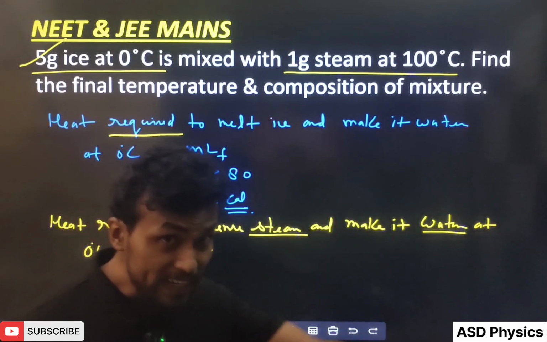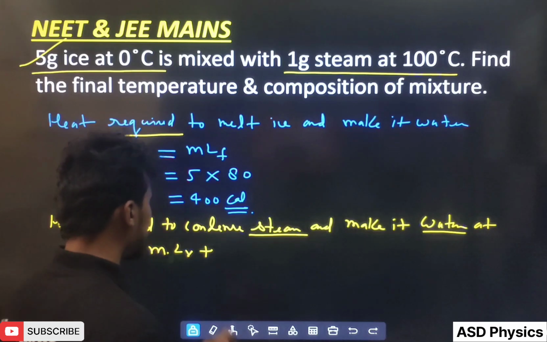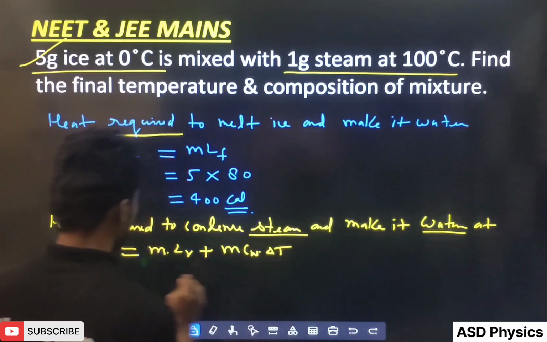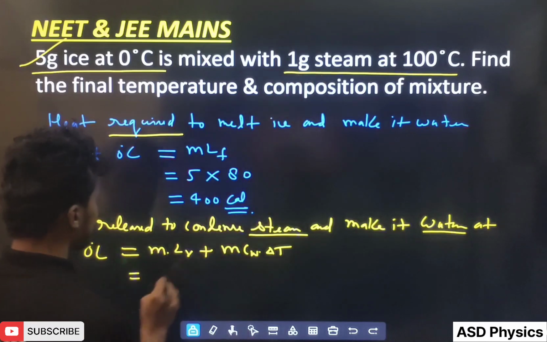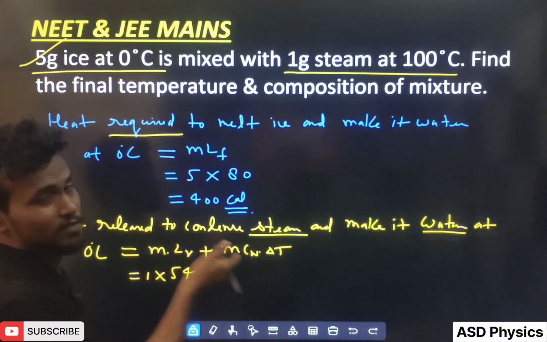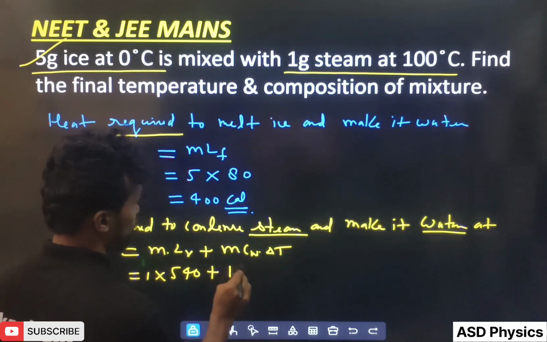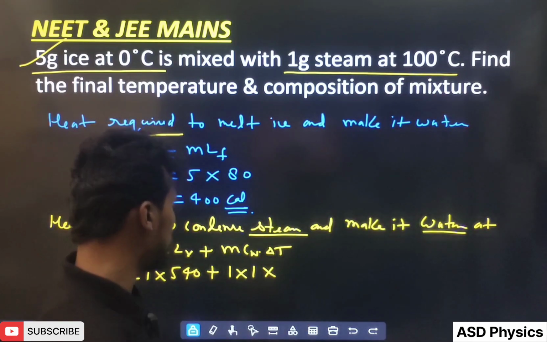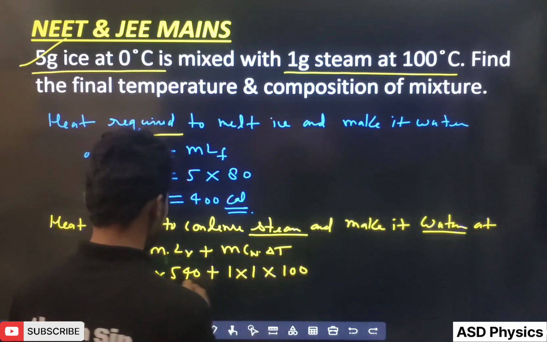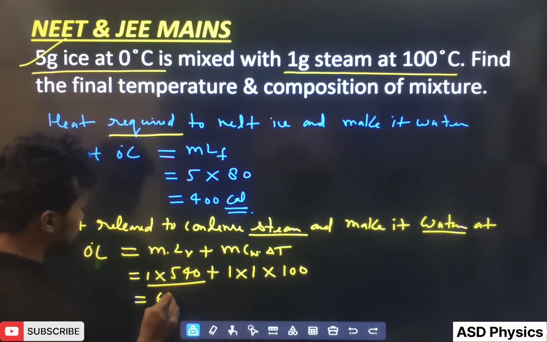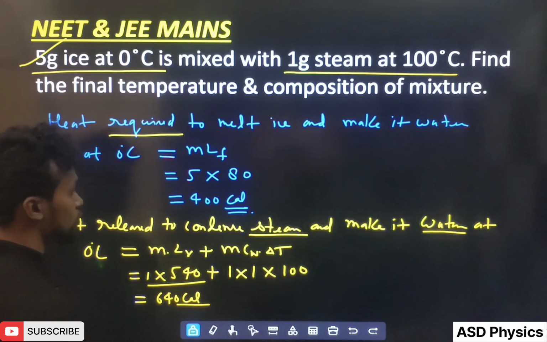Then water 100 to water 0, that means again M C water delta T. Now let's put the values. Steam is 1 gram, latent heat of vaporization 540, plus 1 into the change in temperature, water 100 to water 0, 100. So this is 540 plus 100, how much is it, students? 640 calorie.